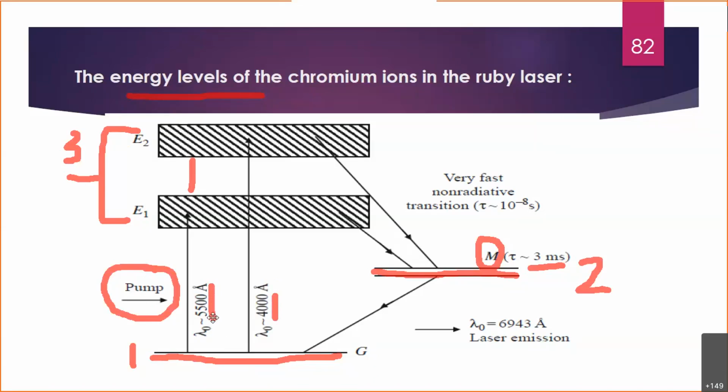If 550 nanometer is there, that means the wavelength is large, so energy will be less, and that is why it reaches only up to E1. But here the wavelength is less, 400 nanometer, so the energy will be large, and it will go to E2.